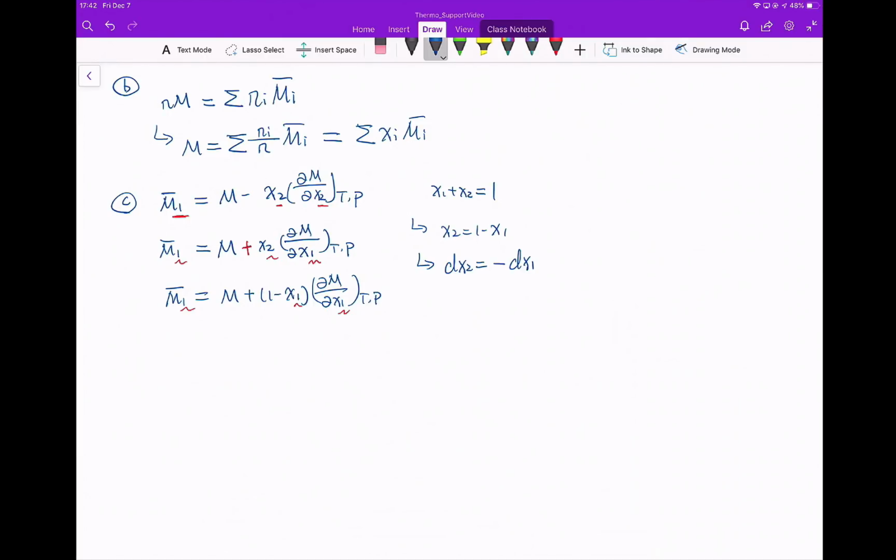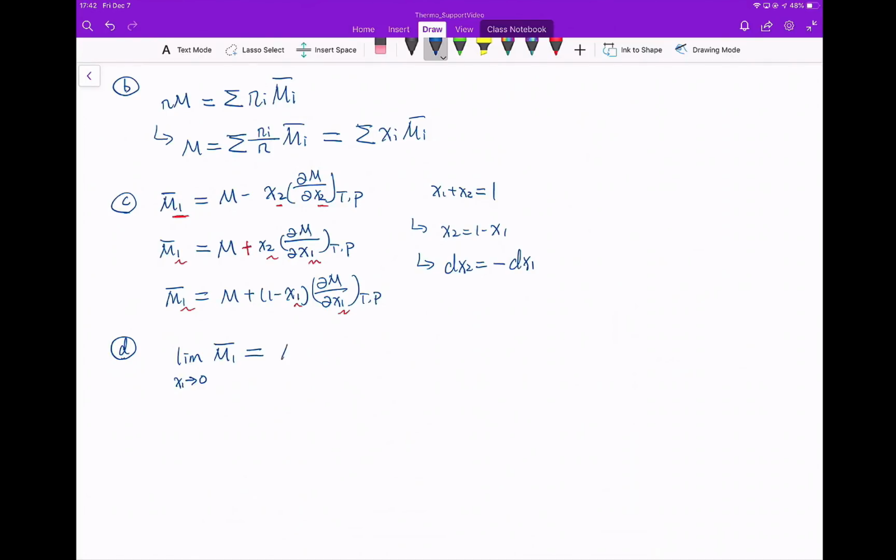The fourth useful equation is coming from these two extremes. I hope you still recall this property at dilute, which is x1 goes to 0 for m1 partial.